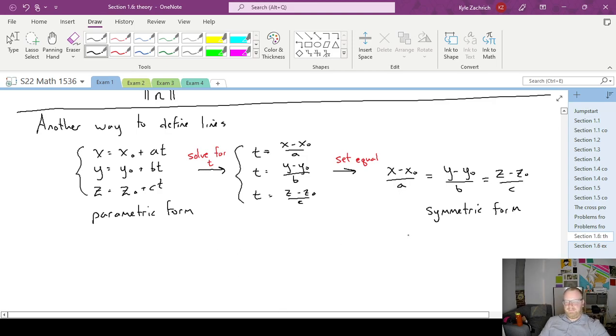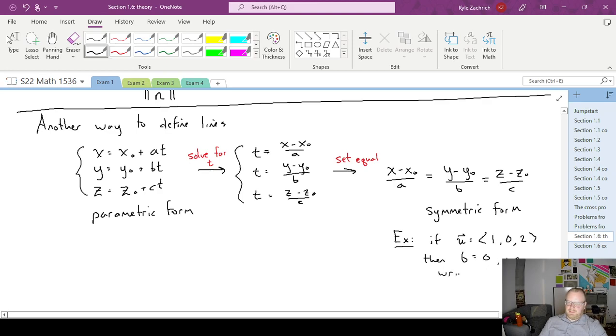So I will put a little caveat here. I'll say example. If, let's say, this is 1, 0, 2, then b is equal to 0.